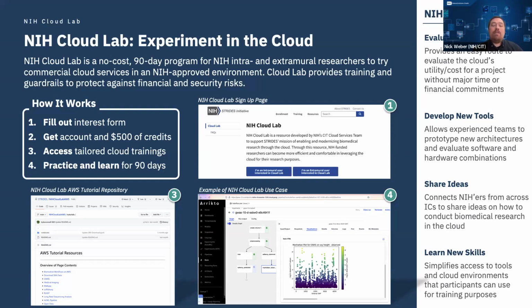The Cloud Lab might be a good test bed to benchmark some initial analyses and set up some initial infrastructure, so you can empirically say, based on what we did, this is a logical projection, as opposed to guessing or using some of those commercial cost calculators that can be fraught with assumptions and challenges without having any firsthand experience in doing things.